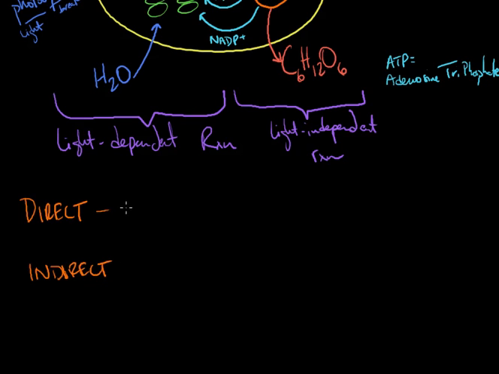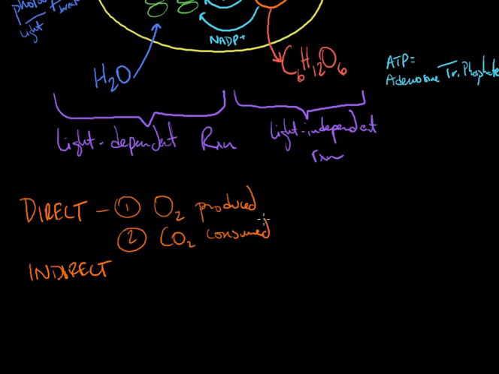So the two direct measurements that we can make are the oxygen. So we can measure the oxygen produced as a function of this photosynthetic rate or photosynthetic process, or we can measure CO2 consumed.